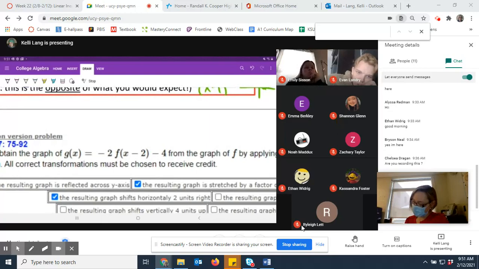Starting with the negative out front, it is going to flip it upside down. Or another way to say that is y reflection. So that's wrong, x reflection.